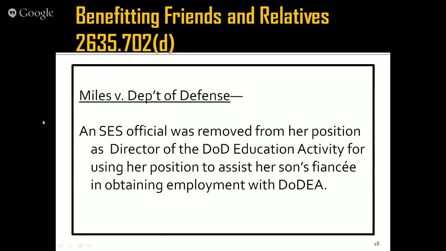Sometimes we don't have an explicitly imputed financial interest under Section 208. We tend to look just at Subpart E of the standards, but Subpart G is another place to look. Right. Because notwithstanding anything in Subpart E, we cannot use our public office for private gain. So if we're going to engage in official activity that will accrue a benefit to someone with whom we have an outside relationship, that could very well pose a contravention of Subpart G. Exactly.